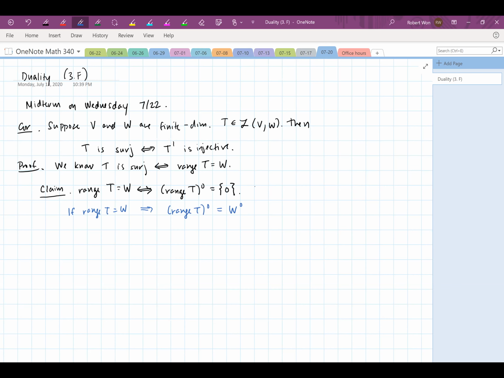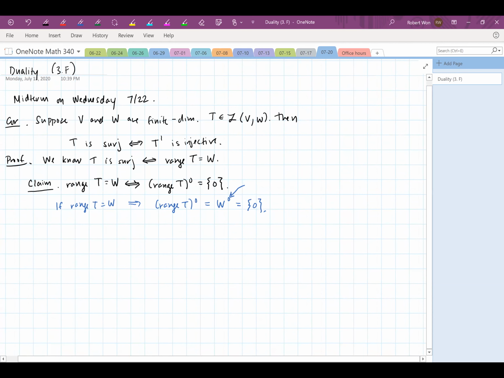This thing is supposed to be all of the linear functionals that vanish on all of W. But there's only one linear functional that vanishes on all of W. It's just the zero linear functional. So this shows one direction. Right, so this direction is okay.